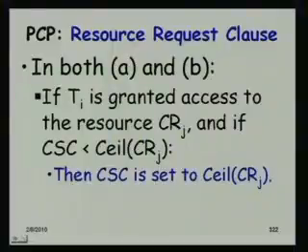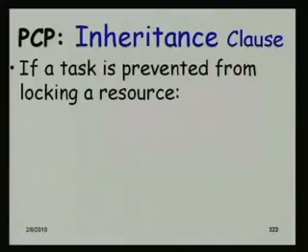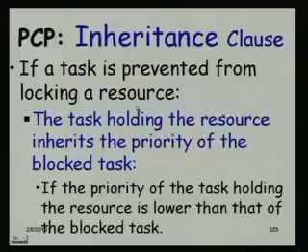Okay. Now, let us look at the second clause in the grant scheme, that is the inheritance clause. If a task is prevented from locking a resource, it had requested some resource but it is prevented, then the inheritance clause applies. The task holding the resource will inherit the priority of the blocked task.